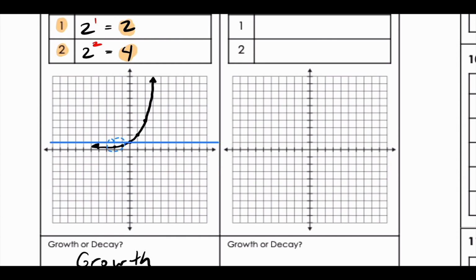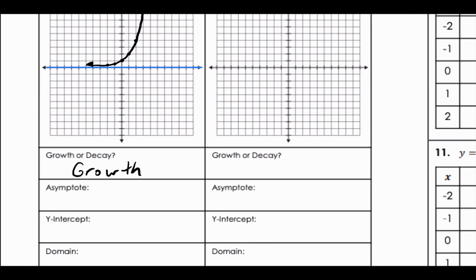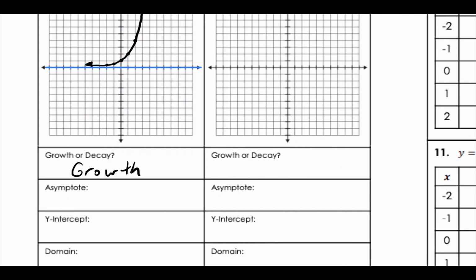Closer. Too far. I think that would be the best place for a bottom, right? So the bottom is the x-axis. Another name for the x-axis is everywhere y equals 0.